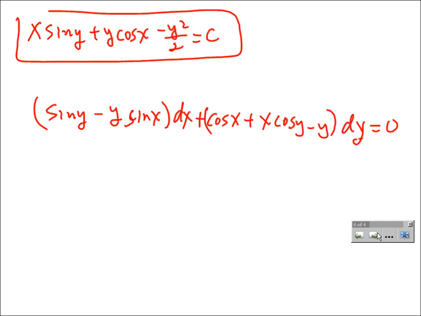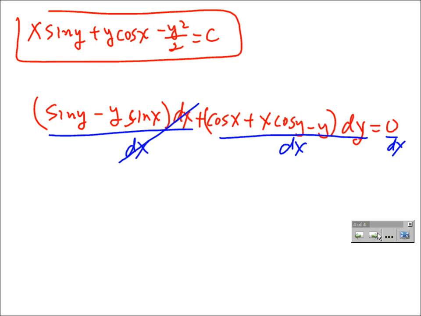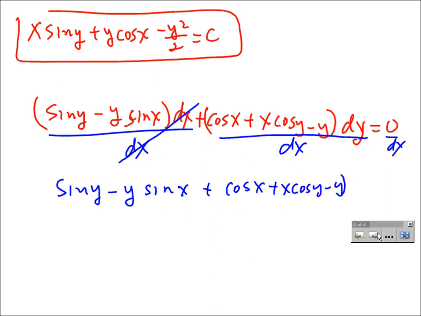Okay, let's solve this equation for dy dx. And the first thing I can do is divide by dx. So I get the sine of y minus y times the sine of x plus this mess times dy over dx is equal to 0.